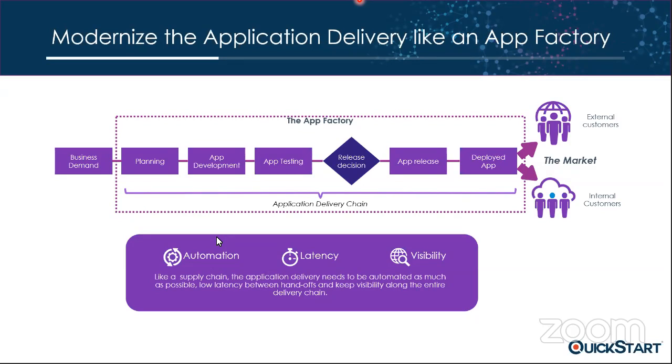Like a supply chain, the application delivery needs to be automated as much as possible, with low latencies between handoffs, and keep visibility along the entire delivery chain, right?